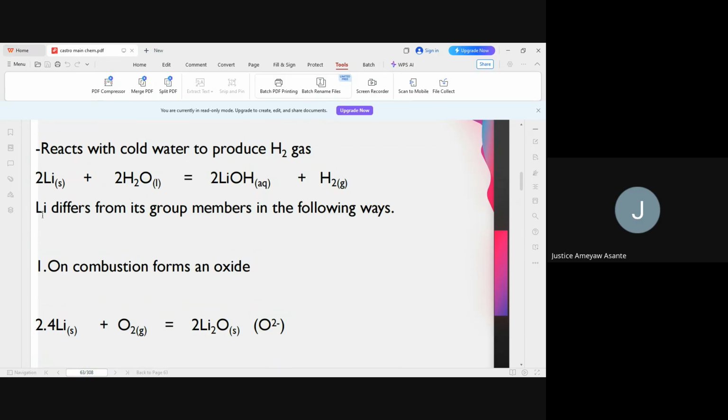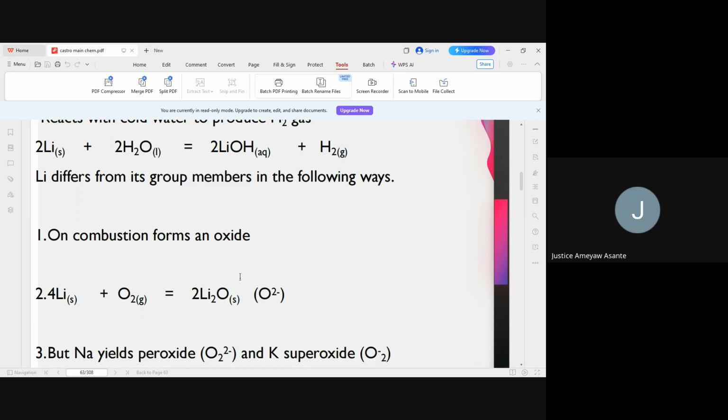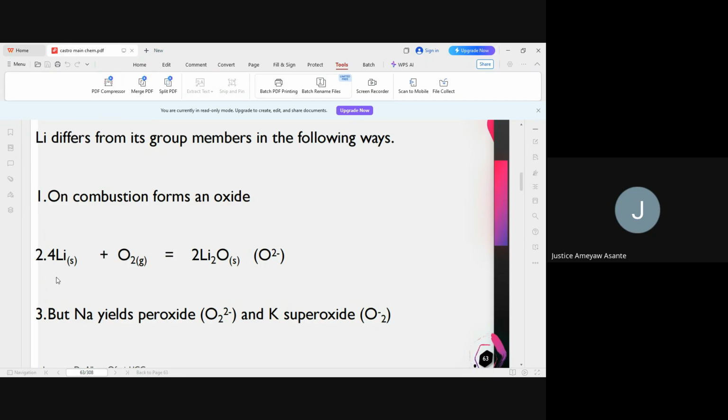Lithium differs from its group members in the following ways. So the first way is what? On combustion, it forms an oxide. So there is the combustion of the oxide that has formed.